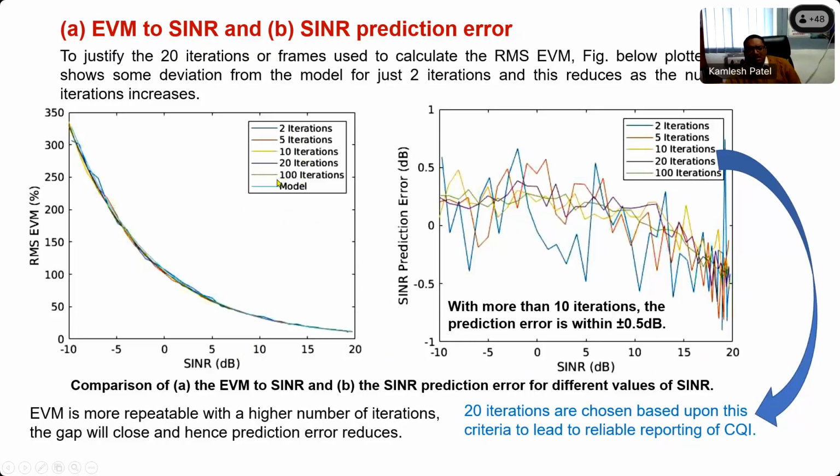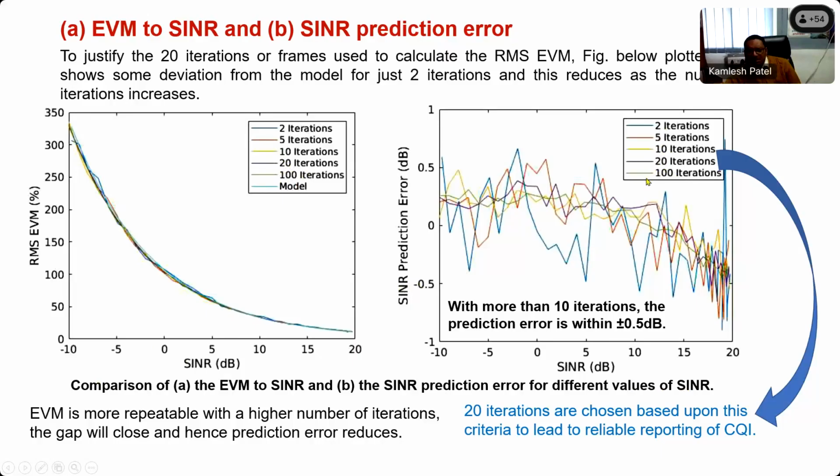You can see the variation in the EVM with respect to the change in the value of SNR is very little when 20 iterations or 100 iterations are taken. They also predicted the error between the SINR generated from the system for different values of SINR.